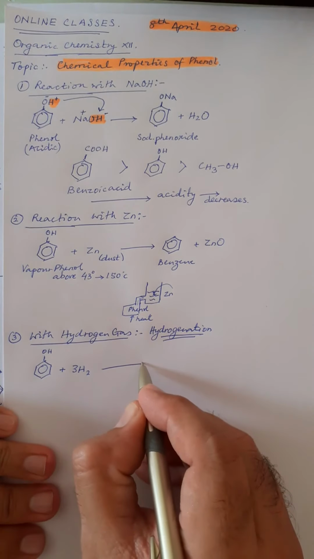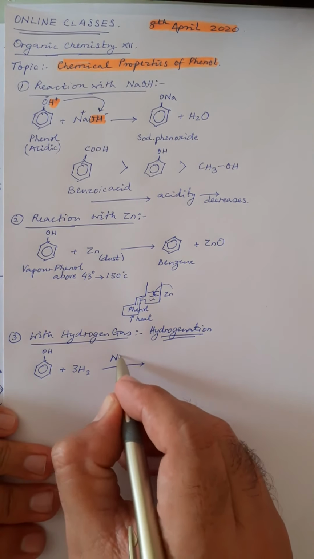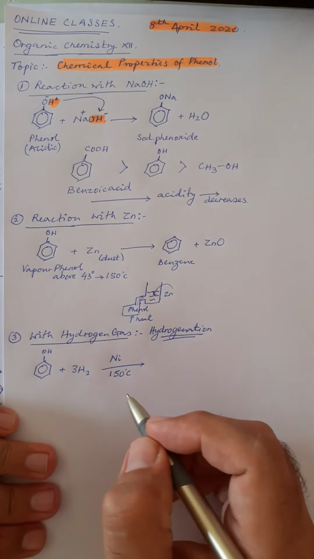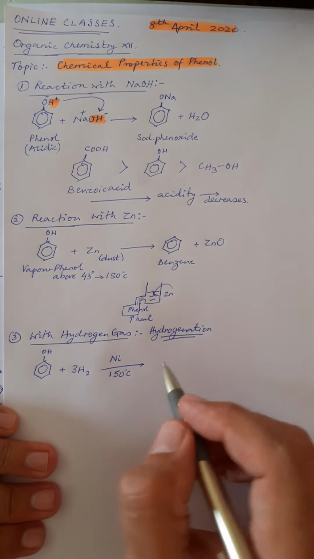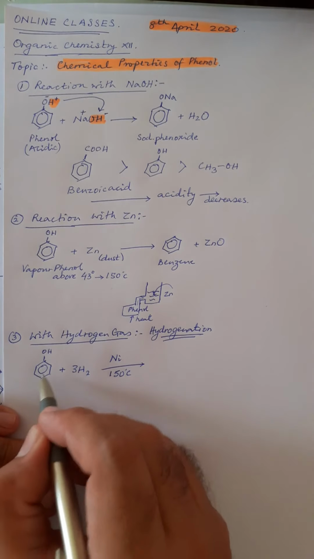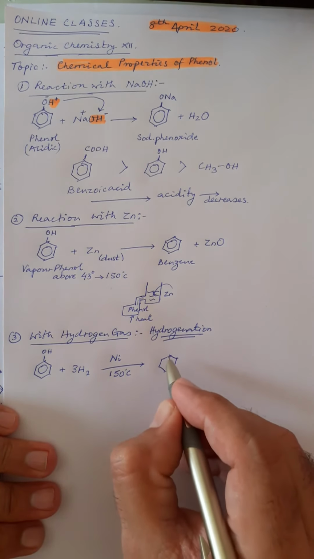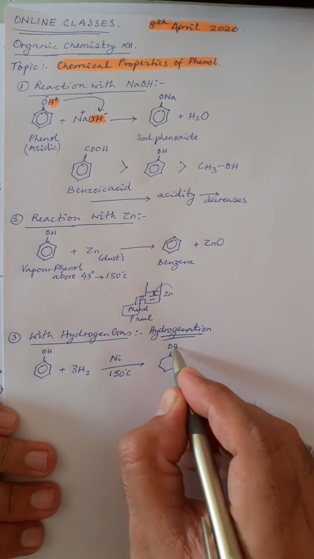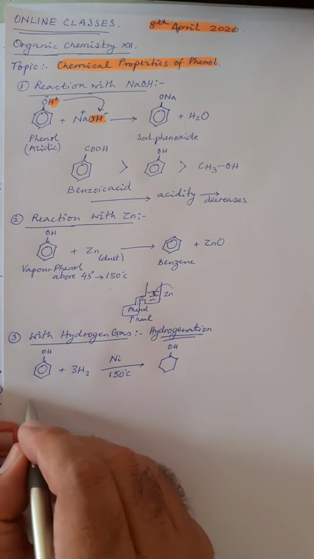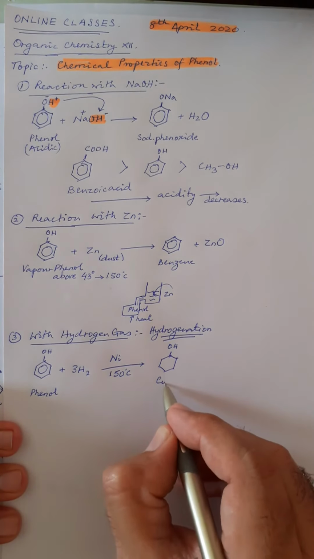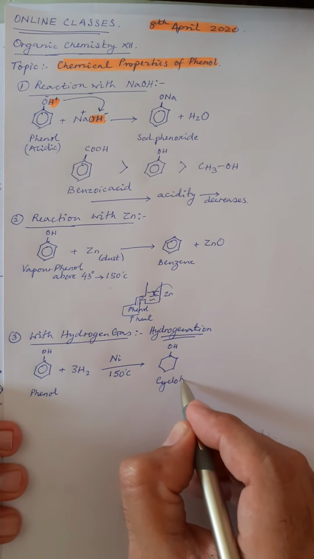So we need a nickel catalyst, and we need to heat it at 150 degrees C, just below the boiling point of phenol. The hydrogen will add, and all three pi bonds will break. The benzene ring will lose its aromatic character, and this way phenol will convert into cyclohexanol.